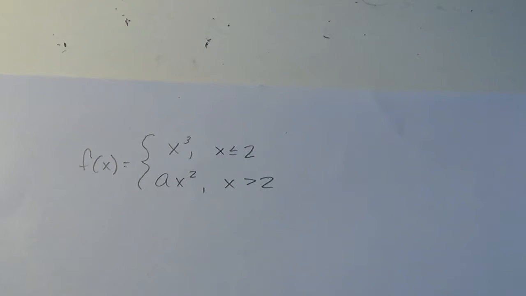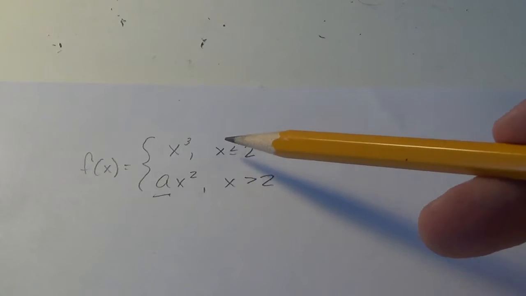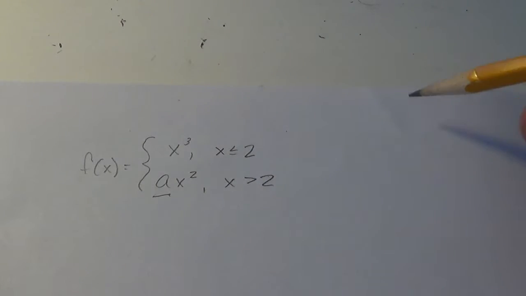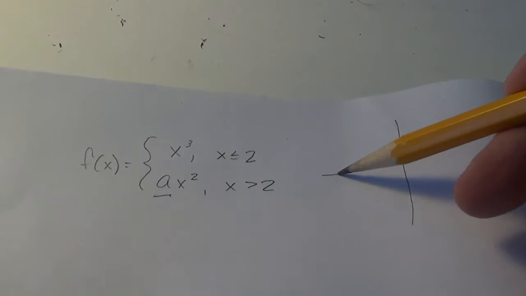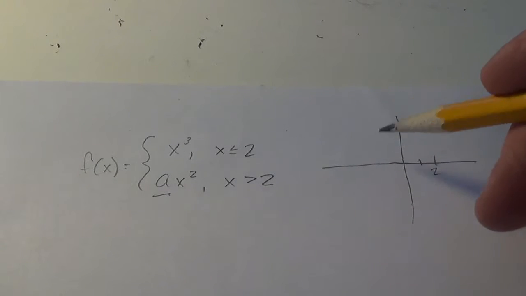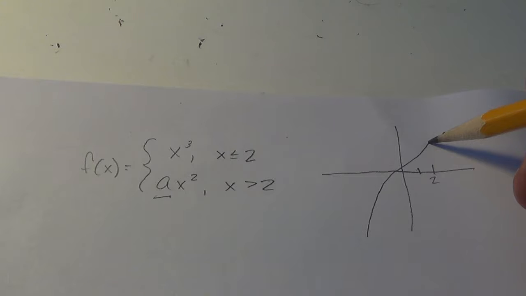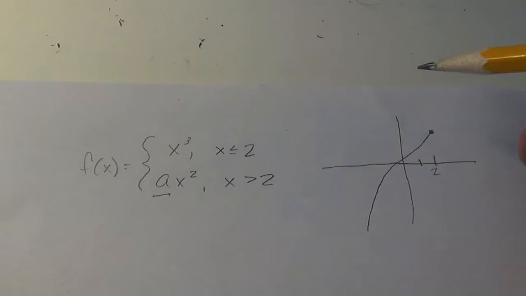So I want to know on this example what a would have to be so that this function is continuous. I'm going to sketch it so you can see what's going on here. When x is less than 2, so the point of interest is 2, it's going to look like the cubic. But when it gets to 2, things change.